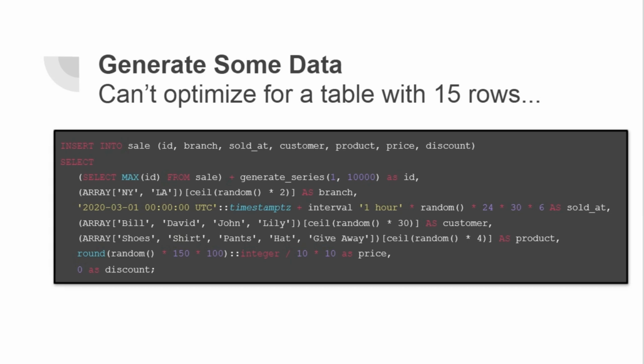Next, we are generating customers. For this, we are creating an array of all of our known customers, but I generate an index in the range of 1 to 30.